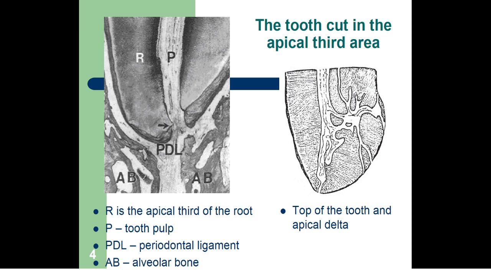And the next picture shows you the apical third of the root. You see in this picture also the pulp, periodontal ligament and the alveolar bone. And on the next picture, you see the apical delta of the pulp.